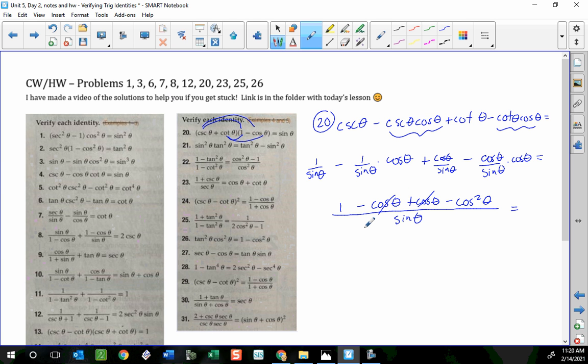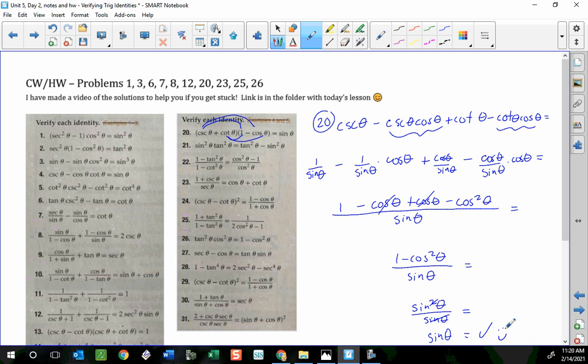Remember, last thing you can do, change everything to sines and cosines if you get confused on something, and that's what I did. So on the top I have 1 minus cosine squared. The bottom, sine. Hopefully you recognize that enough now. 1 minus cosine squared is equal to sine squared over sine. And there we go. Those cancel out. One here, one there. I get sine.